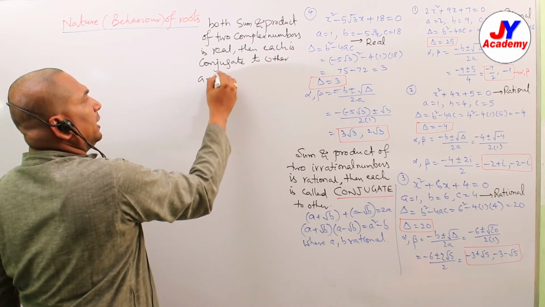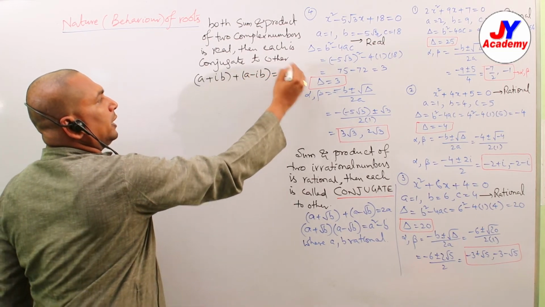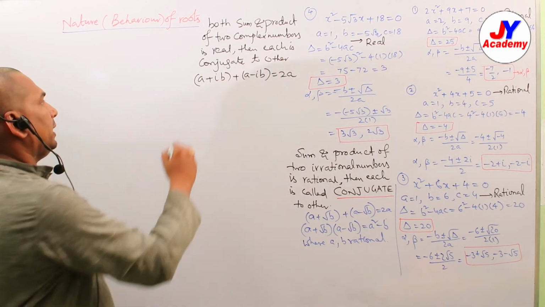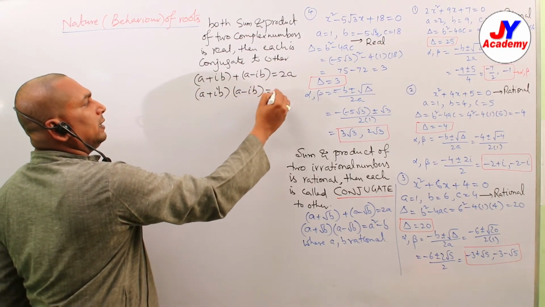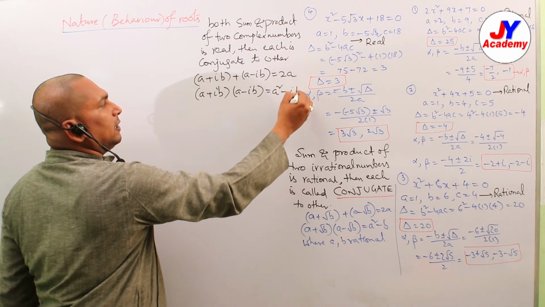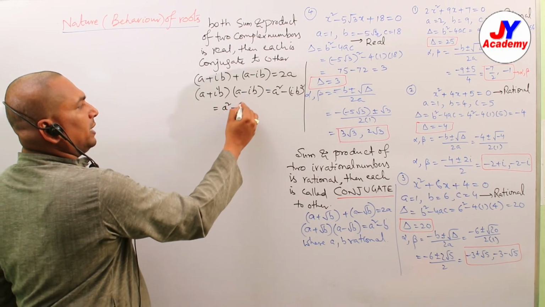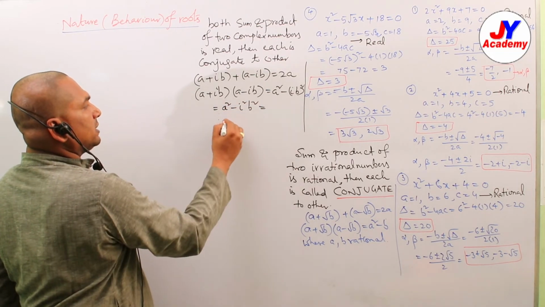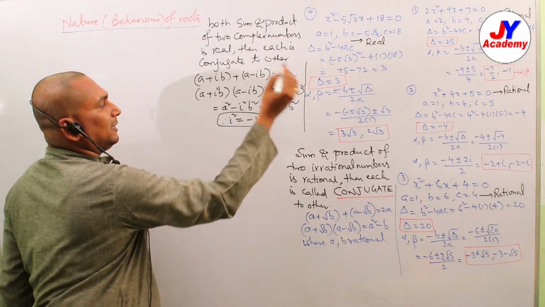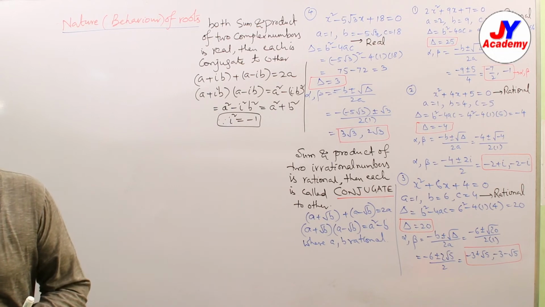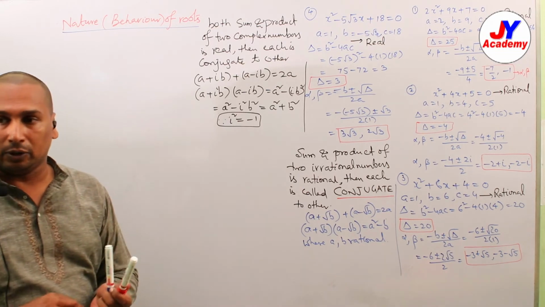For example, if you take a plus ib plus a minus ib, that is equal to 2a, as well as a plus ib into a minus ib, that is equal to a square minus ib whole square, a square minus i square b square. But you know i square is equal to minus 1, so this becomes a square plus b square, which is real. So that is about conjugate.